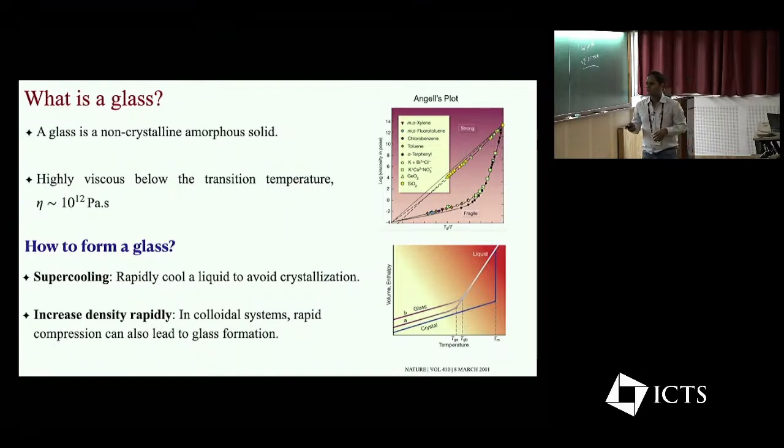People usually form glass by cooling rapidly to avoid crystallization, and then you reach the glass state.